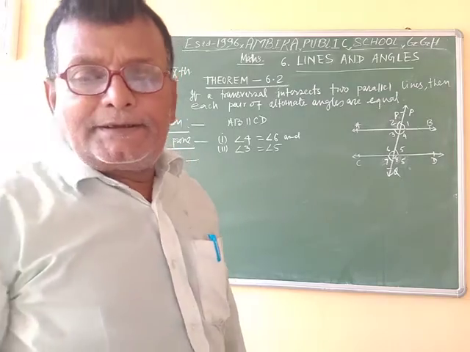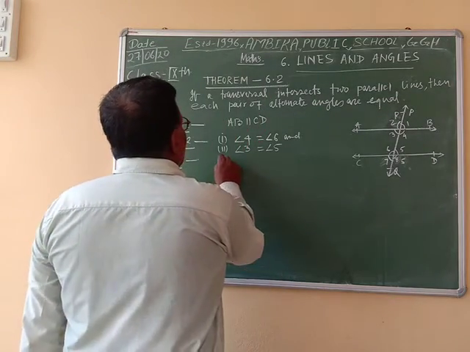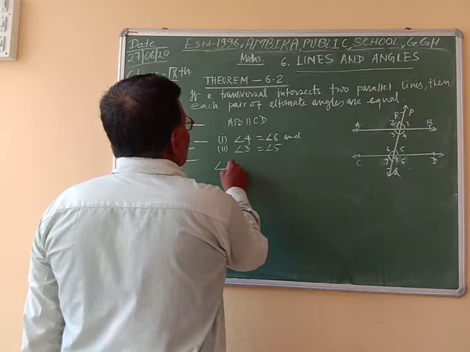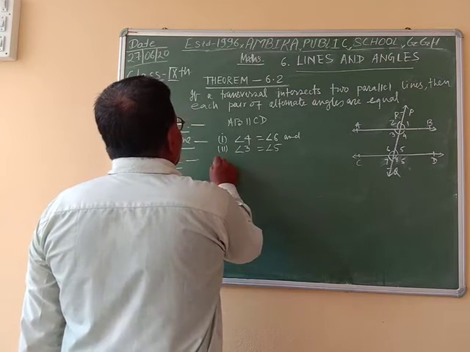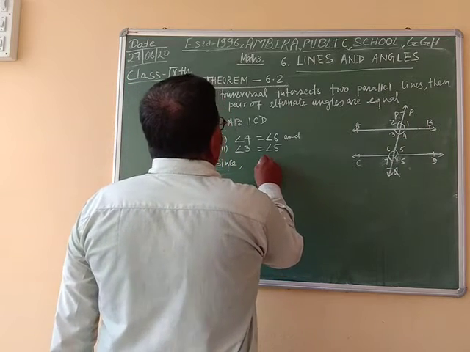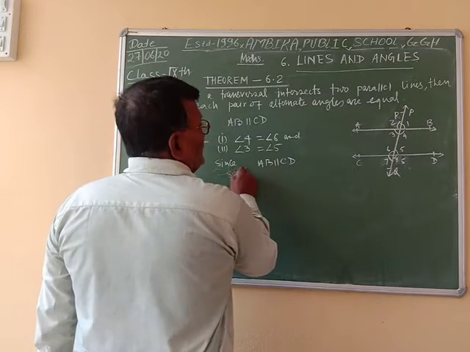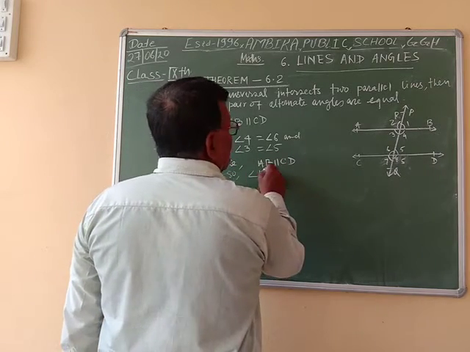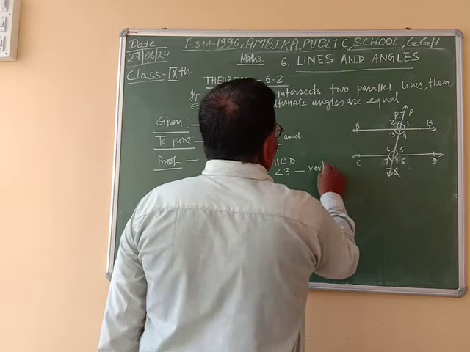Here we see that since AB parallel CD, angle 1 is equal to angle 3, vertically opposite angles.